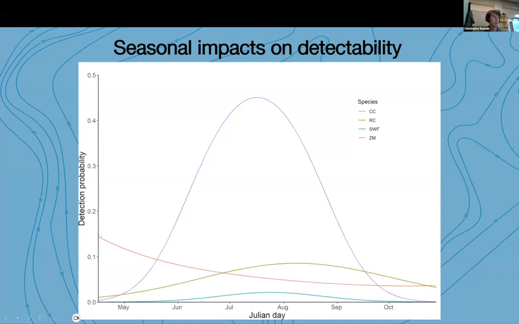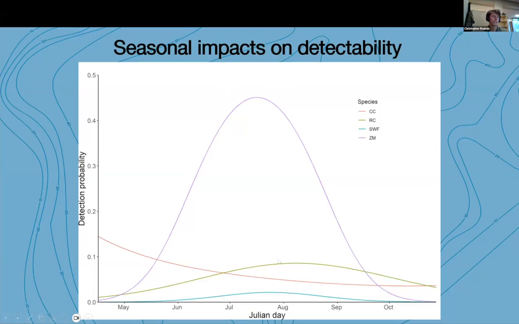So common carp are most detectable in the spring, and then they taper off throughout the year. Zebra mussels get really detectable kind of in that midsummer period, and then taper off on either end. Rusty crayfish in the green here, they don't have a huge peak or anything like that, but they slowly get more detectable throughout the open water season.